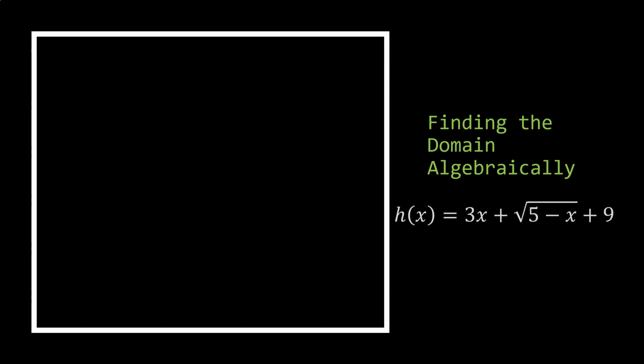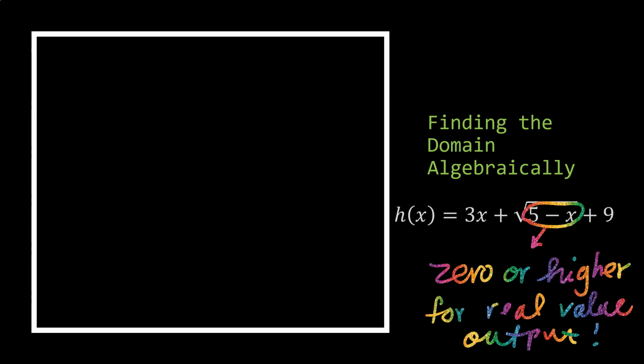And then we'll take 5 minus that x, which can always happen. You'll get positive, negative answers, or 0 if x is 5. But because we do have to take the square root of 5 minus x, 5 minus x will have to be 0 or higher to have a real value output.